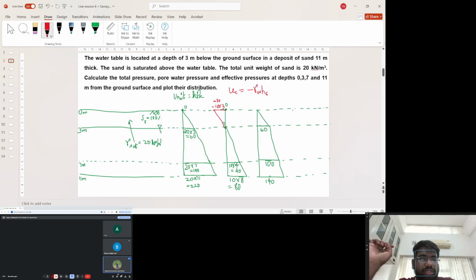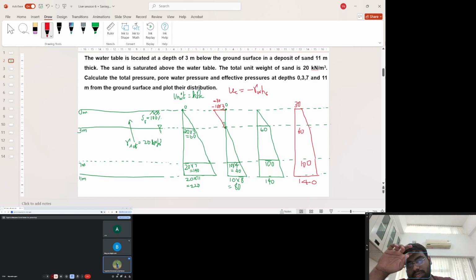Now in the case of effective stress diagrams, what will happen is that here 0, minus of minus 30 will be plus 30. It is plus 30, and it reaches here, it will be 60, and here it will be 100, and here it will be 140. 100, 60, and 30.